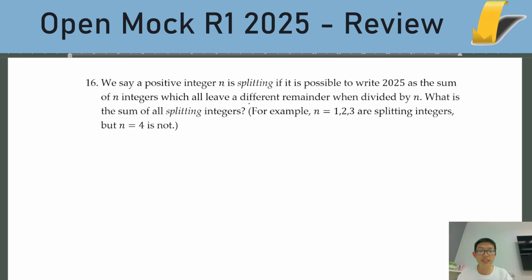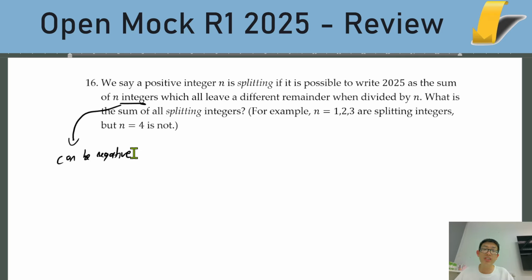If I want to write it as a sum of n integers with a different remainder, the key is that it doesn't have to be positive. And therefore, I'm not really concerned about size. It doesn't say they're consecutive integers either, although that would be fine. It doesn't say that.